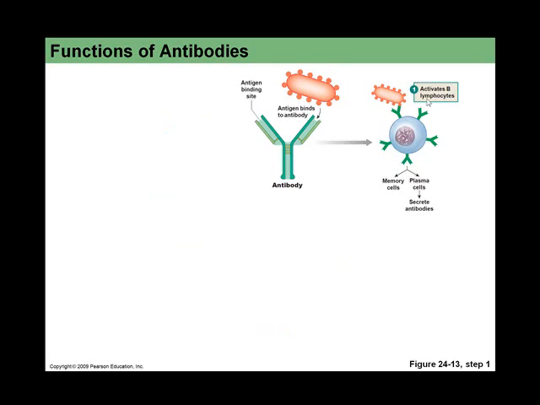So number one, the antigen binding to the antibody at the antigen binding site will activate B lymphocytes if the antibodies are already bound to receptors on the surface of them. Now remember, we earlier looked at the macrophages having antibody receptors expressed on their surface.